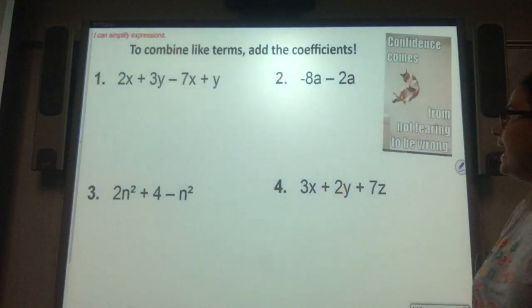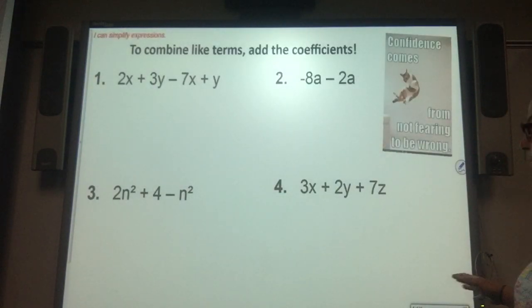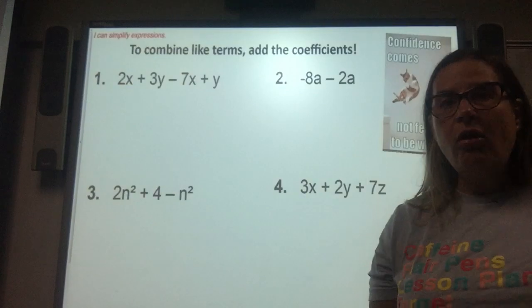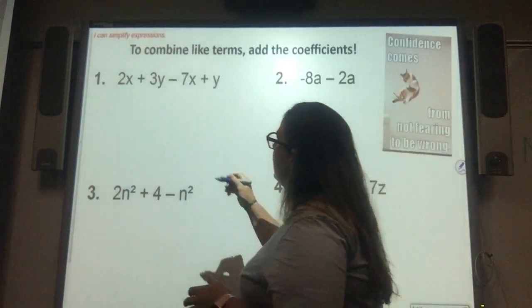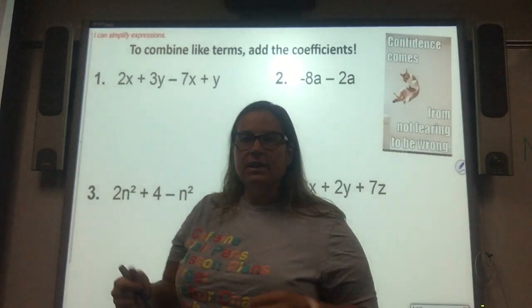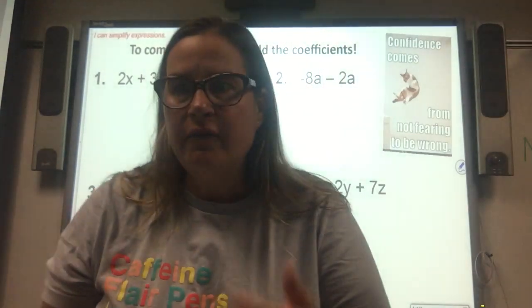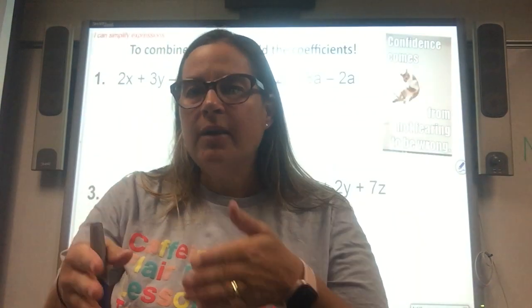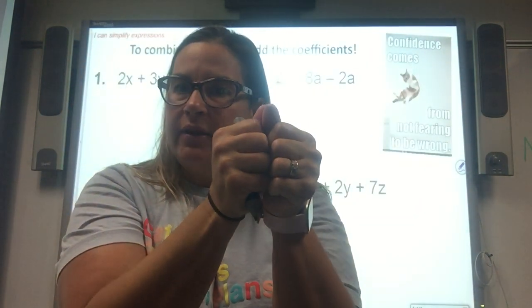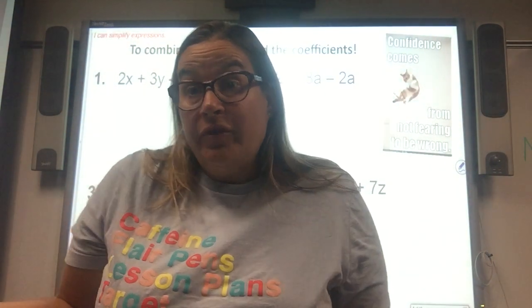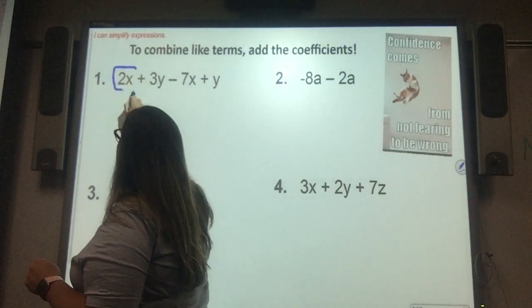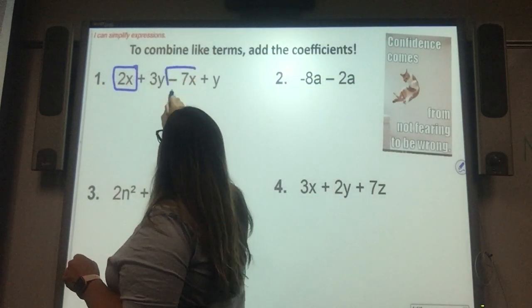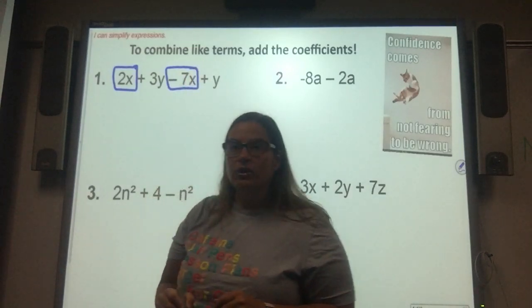So when we look at these types of problems, we want to combine all of the like items together. When I look at this one, I see some X's and Y's, and our focus is going to be on the variables. Which variables are the same? We want to group them together and then figure out what the sum or the difference is of those. So with this one, an X and a minus 7X are like terms.